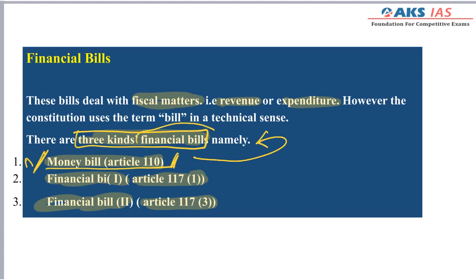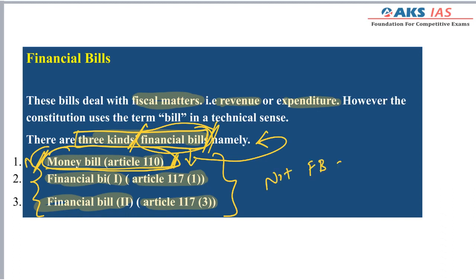That means not all financial bills are money bills, because the money bill, financial bill 1 and financial bill 2 are all parts of the financial bills. So all money bills are financial bills, whereas not all financial bills are money bills, because financial bills contain other provisions also, financial bill 1 and 2.